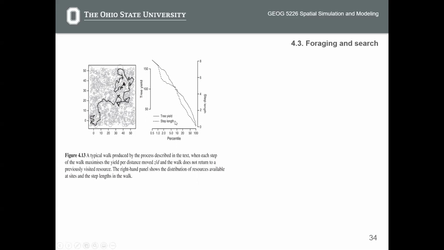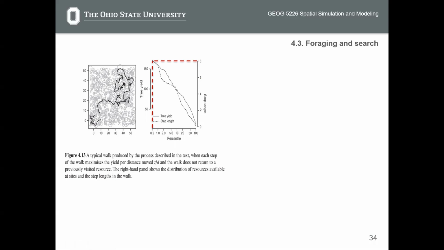Okay, now let's focus on the step length here. The longest step that took place in this simulation was 8 distance units. So the longest step length is 8, and it accounts for a very small percentage of all steps.